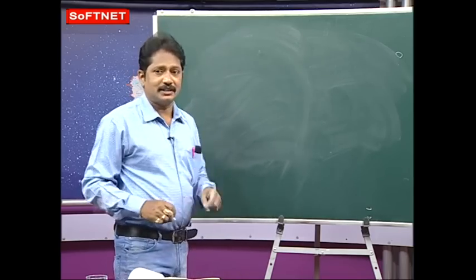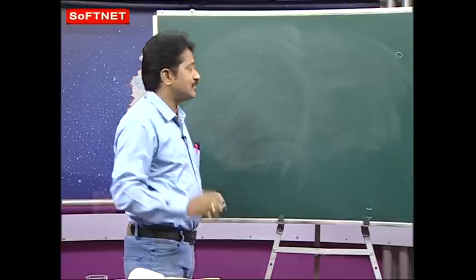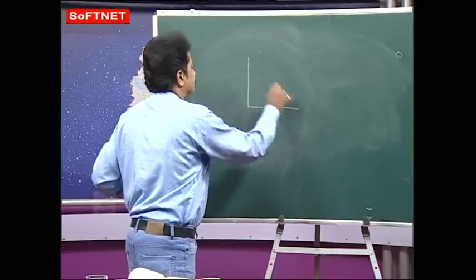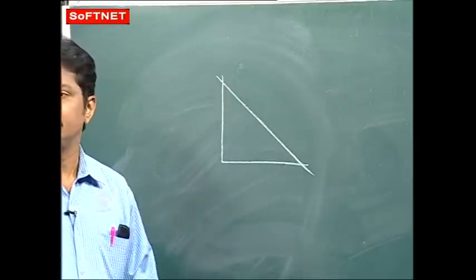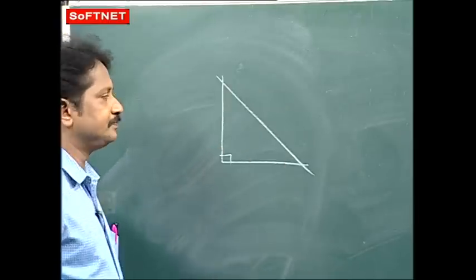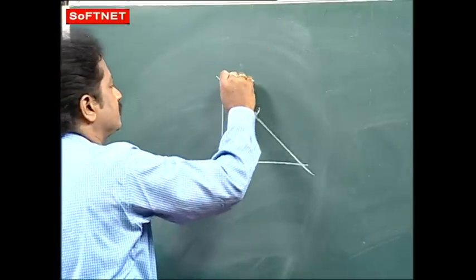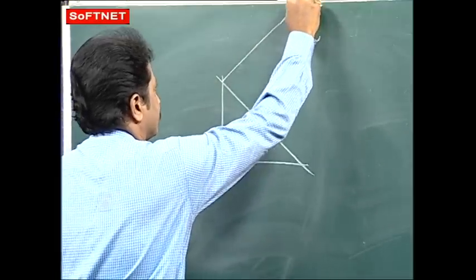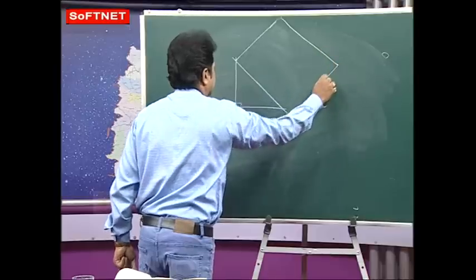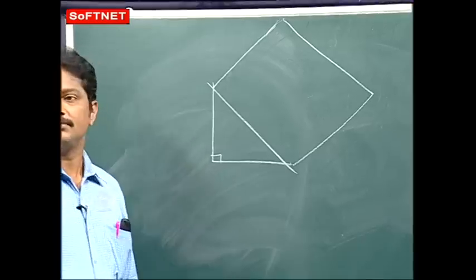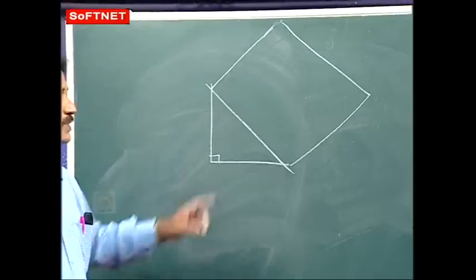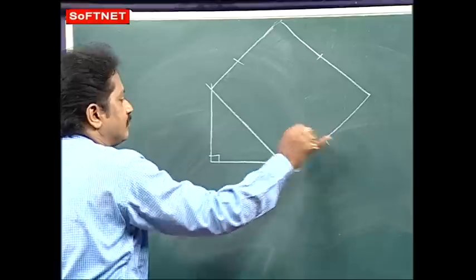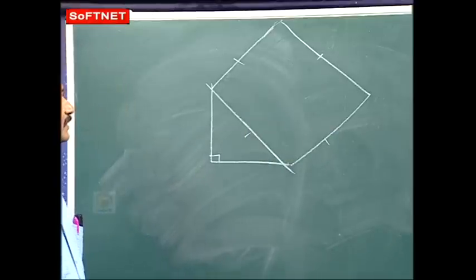I will show how to prove this Pythagoras theorem in a different way. Here, draw a right angle triangle. Clear? Okay, and construct a square on the hypotenuse.